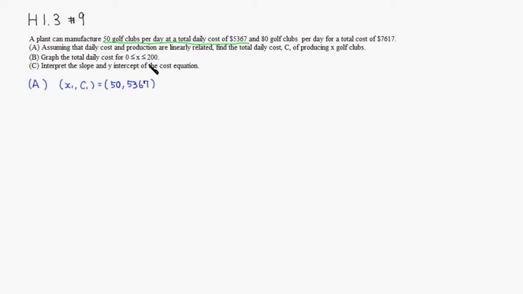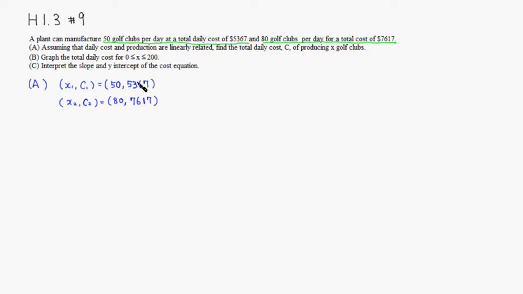The other one is 80 golf clubs per day for a total cost of $7,617. That will give us another point, I'm going to call it x2, c2. So this is 80, 7,617.